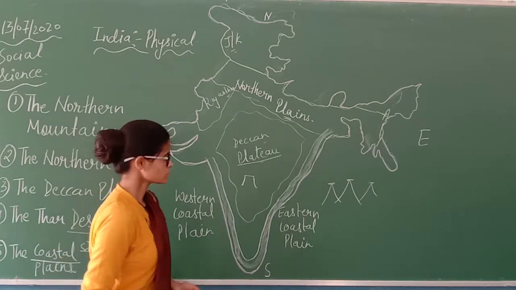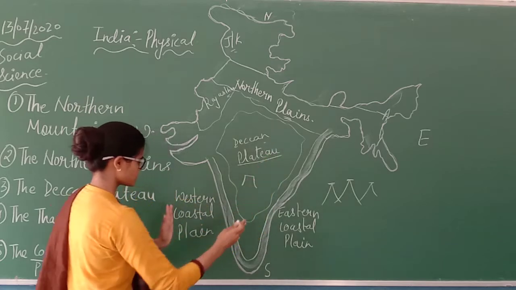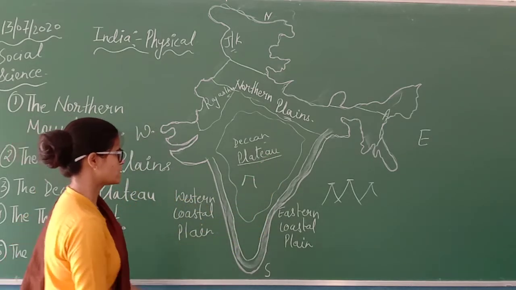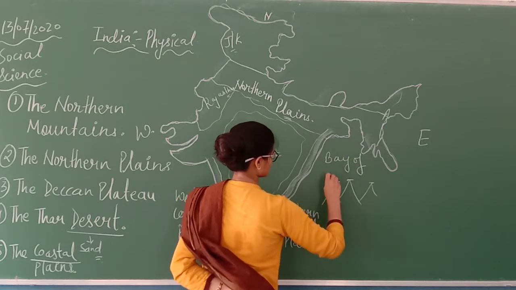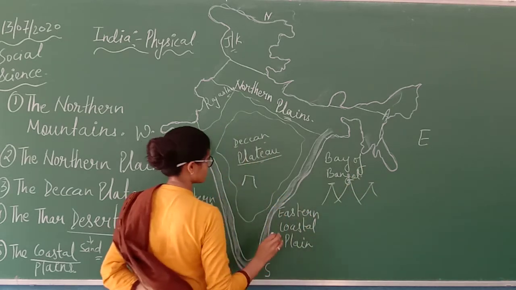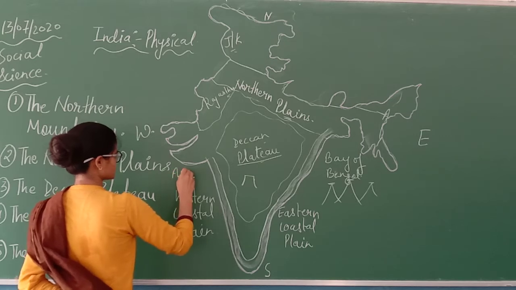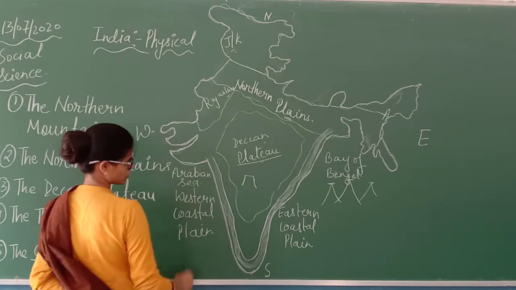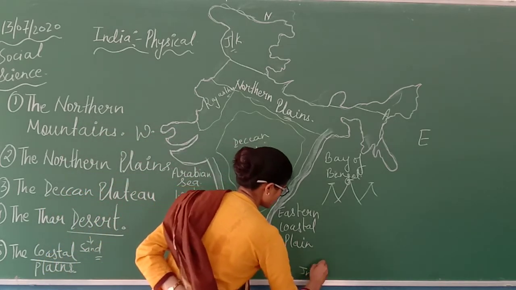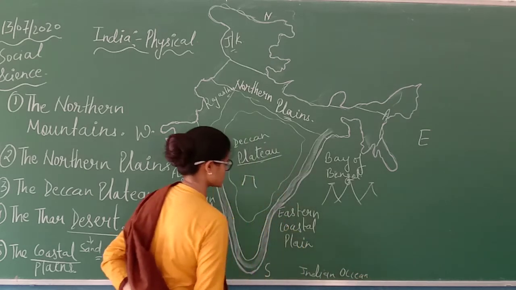Now, my dear students, this is the map of India, and here we have the Bay of Bengal. And here we have the Arabian Sea. And here we have the Indian Ocean. Why am I telling this?